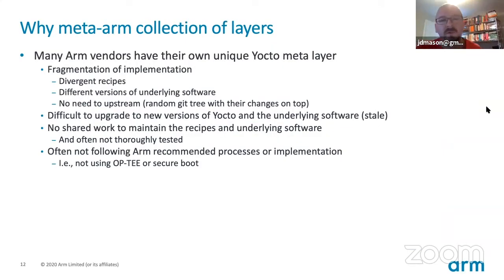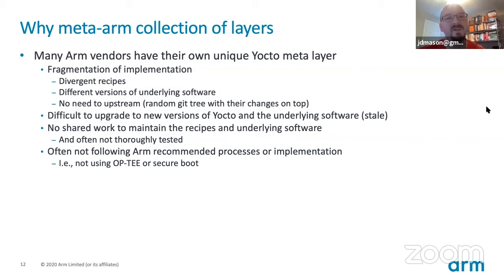So why do we go through this effort of making a custom layer, which we are calling MetaArm? Well, unfortunately, there are many ARM, well, fortunately, there are many ARM vendors. Unfortunately, they're kind of doing their own thing. So we have each one doing their own unique Yocto layer, making divergent recipes for things like kernel and U-Boot.